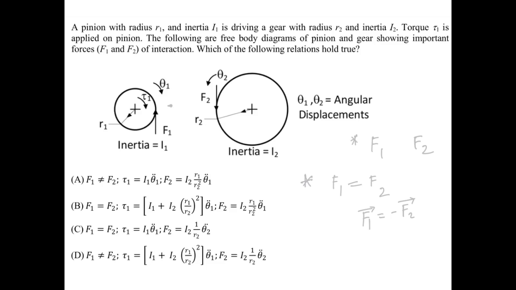Now let's try to come up with a set of equations. Or is it the other way around? Then I will just modify this. I think it is the other way around.